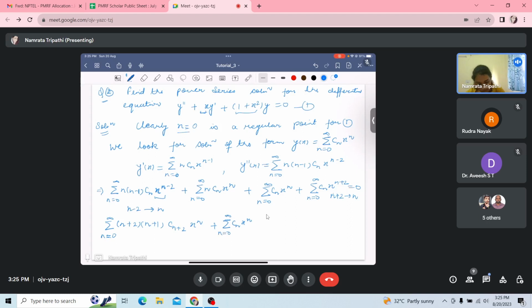I am taking 0 to infinity. Is it fine? Is there any problem in this step?